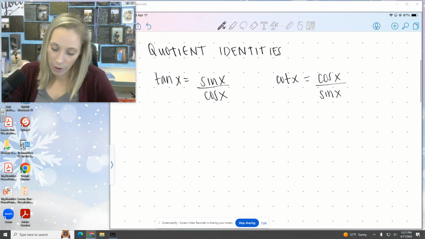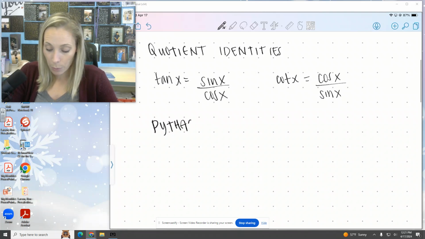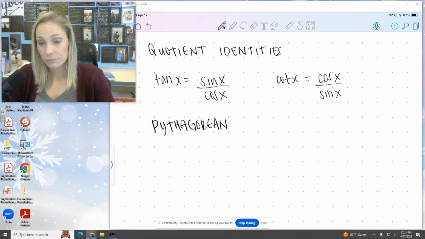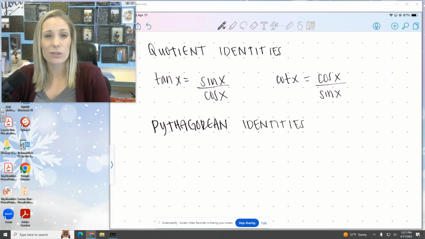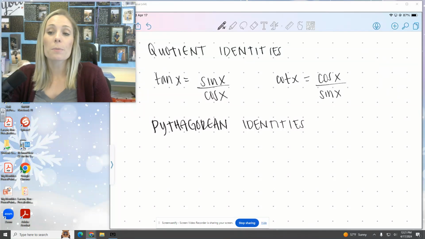So our last set of identities are the Pythagorean identities. And as their name would suggest, they are derived from the Pythagorean theorem. The Pythagorean theorem is a squared plus b squared equals c squared. We've been working on that since what? 6th or 7th grade. Now, the Pythagorean identities put in some sines and cosines, and really they're derived from the unit circle.